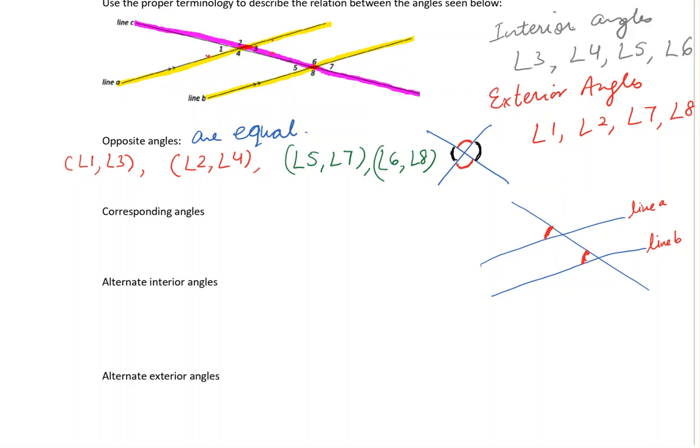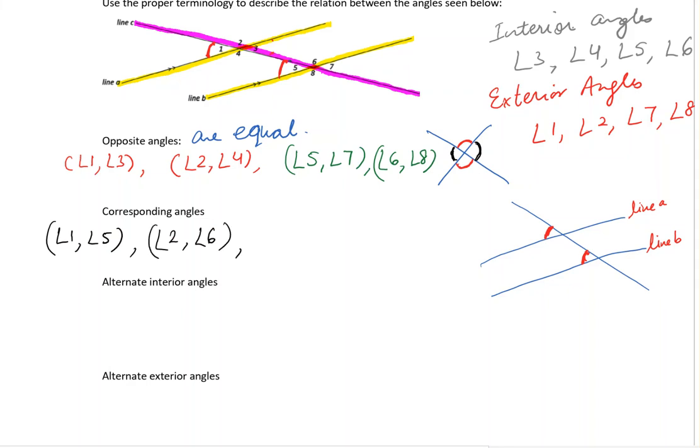Now we're going to look in our shape for the corresponding angles. In this case, we have angle 1 equals angle 5. These are a pair of corresponding angles. Another pair of corresponding angles would be angle 2, angle 6.